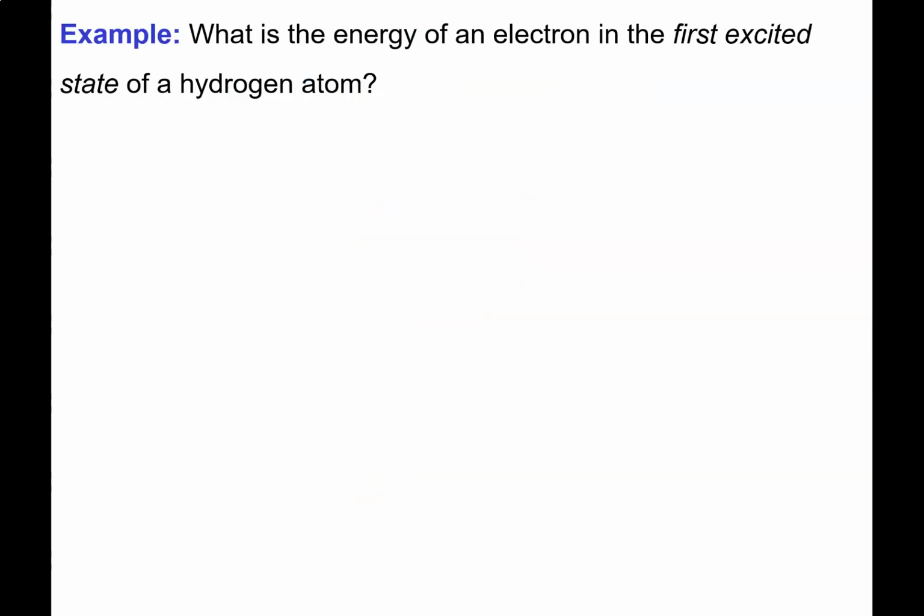Okay, so here's an example problem. It says, what is the energy of an electron in the first excited state of the hydrogen atom? So I've put it in italics here to kind of indicate what's going on. It says the first excited state, which is code for n equals 2, because n equals 1 is the ground state. So this is fairly simple.